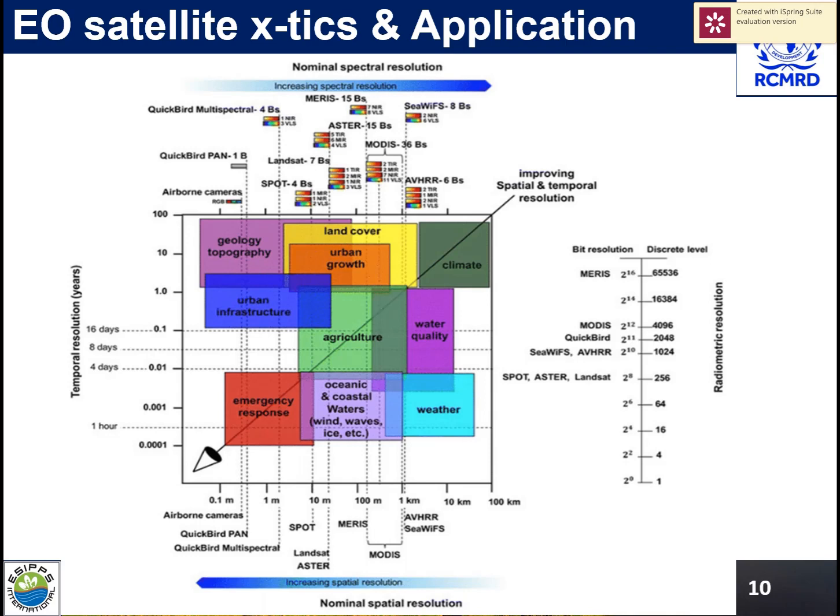But on the other hand, they have a very high radiometric resolution in terms of the data bits. In this lesson, we are not going to learn so much about this, but you're free to look up details and also digest more on this image.